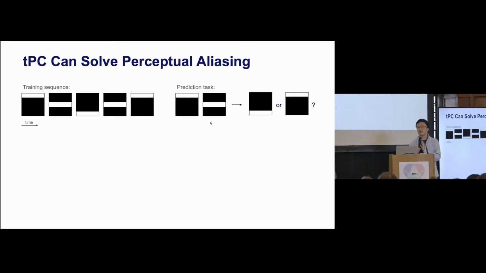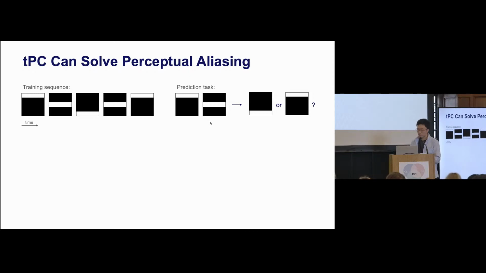Okay, so that is the analytical or theoretical result we found with temporal predictive coding and its connection to the Kalman filter. And we also tested temporal predictive coding in a lot of neuroscience-related tasks. One is this perceptual aliasing task.